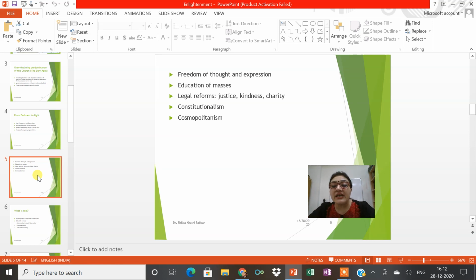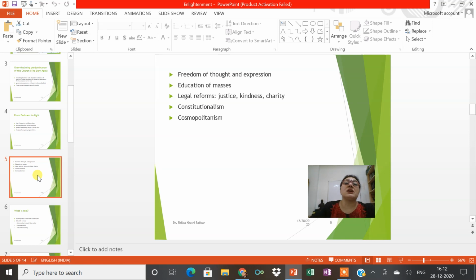Now, what is constitutionalism? Constitutionalism basically introduced the concept of rights in the sense that even the common man was to be listened to. So rights were to be distributed amongst the entire human race. They were not specific to the nobility, nor were they specific to the clergy alone. They were actually to be distributed to the third estate also, which is the common man.